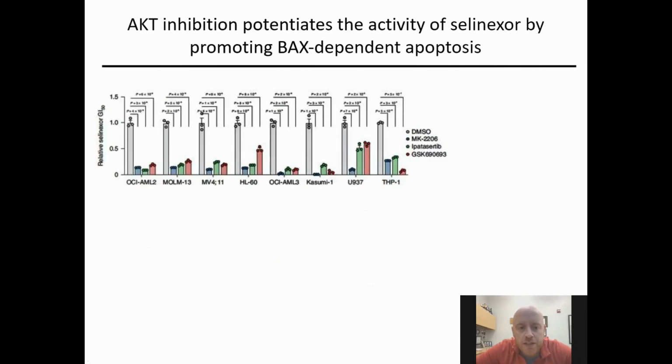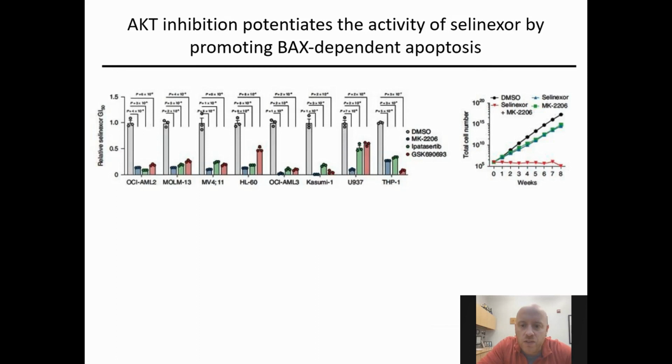From a translational perspective, we were able to observe that inhibiting AKT dramatically sensitizes cells to selinexor treatment by removing this prominent pro-fitness consequence of selinexor. So we see that across a panel of AML cell lines, treatment with structurally and mechanistically distinct AKT inhibitors leads to a frequent sensitization to selinexor.